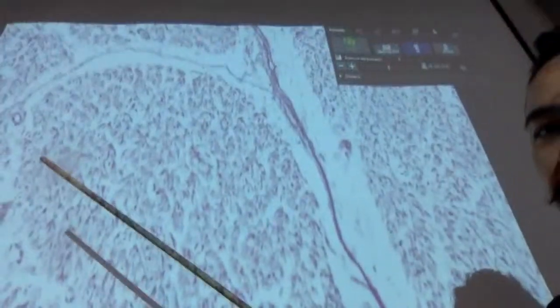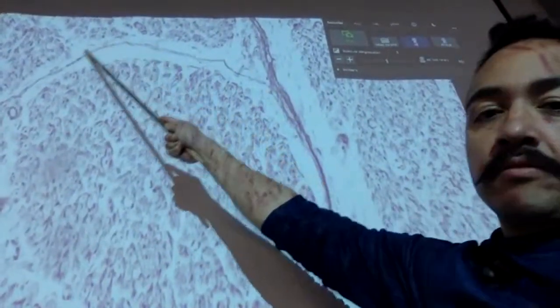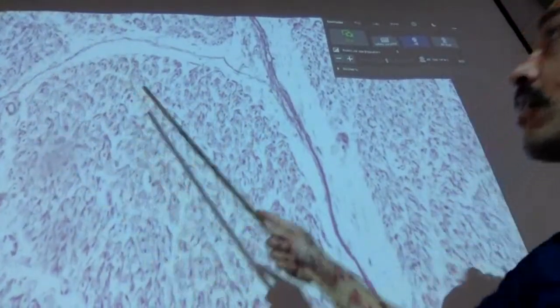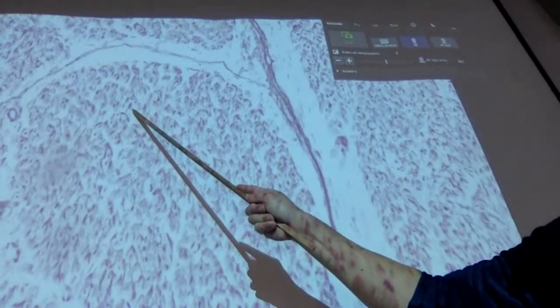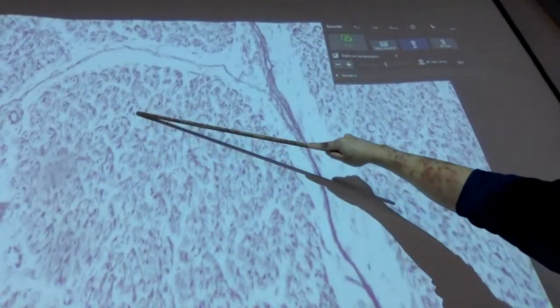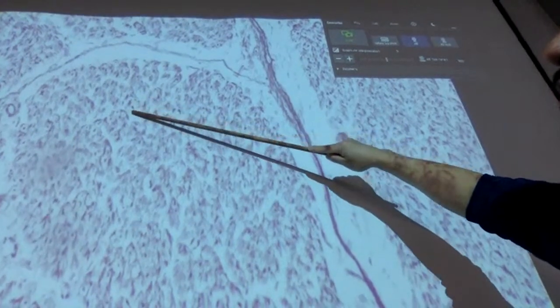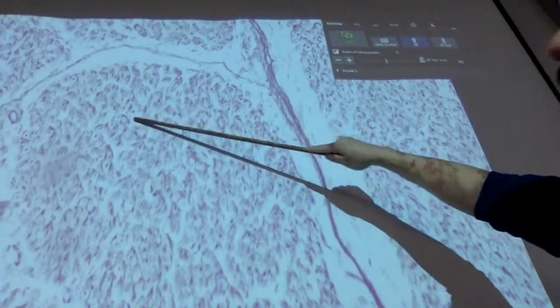Let me go to 100x. So this is the outside. This is epineurium. A fascicle would be right here. So this is perineurium. And then these little dots that you see here, those are axons, myelin sheath, endoneurium.